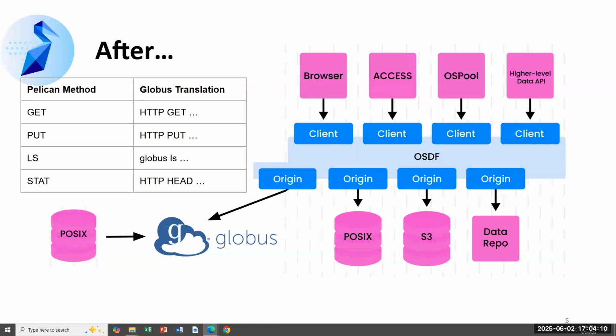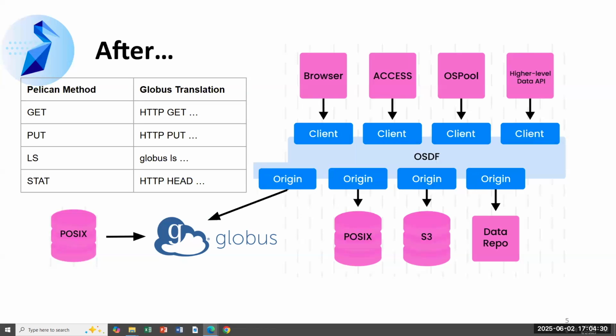My project is aiming to create an origin adapter for data stores that are served by Globus endpoints, so you can directly get the data and operate on it as you would a normal Pelican origin.